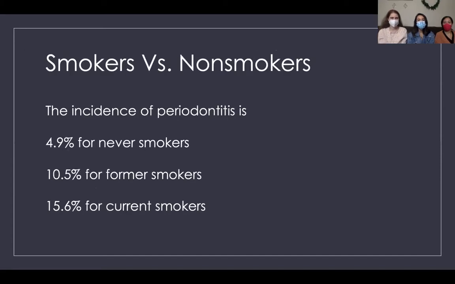If we look at smokers versus non-smokers, the incidence of periodontitis is 4.9% for never smokers, 10.5% for former smokers, and 15.6% for current smokers. So you can see that the incidence of periodontitis is the highest in people who currently smoke.